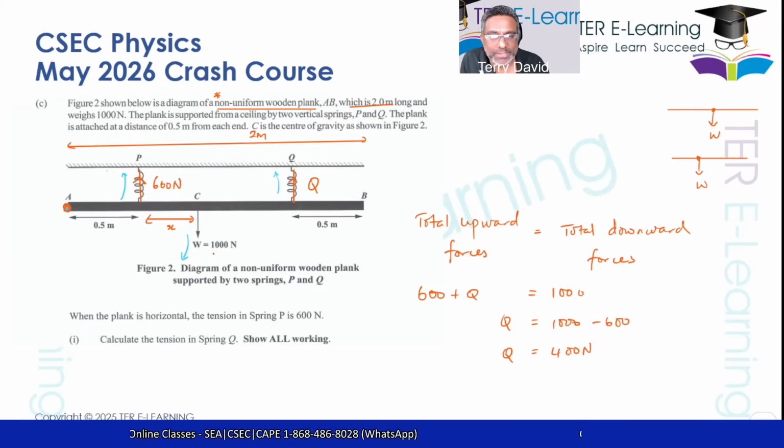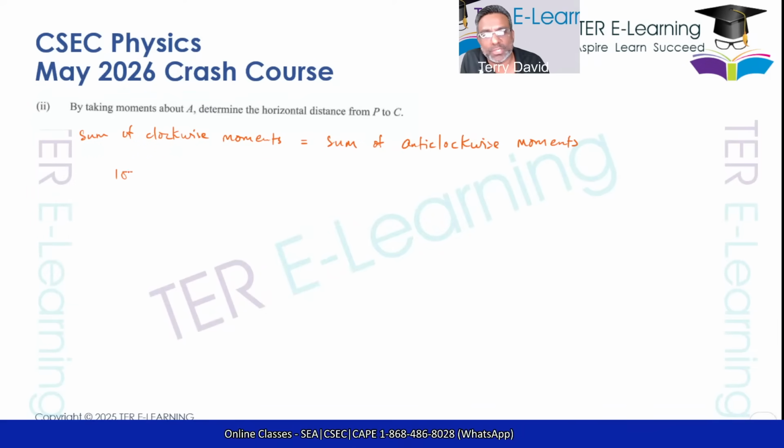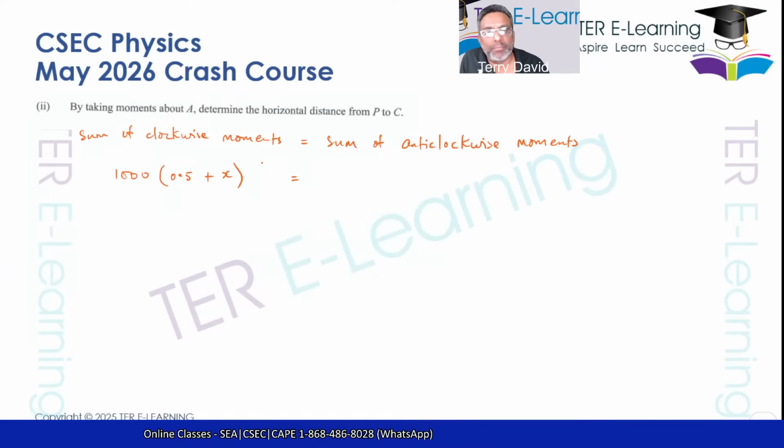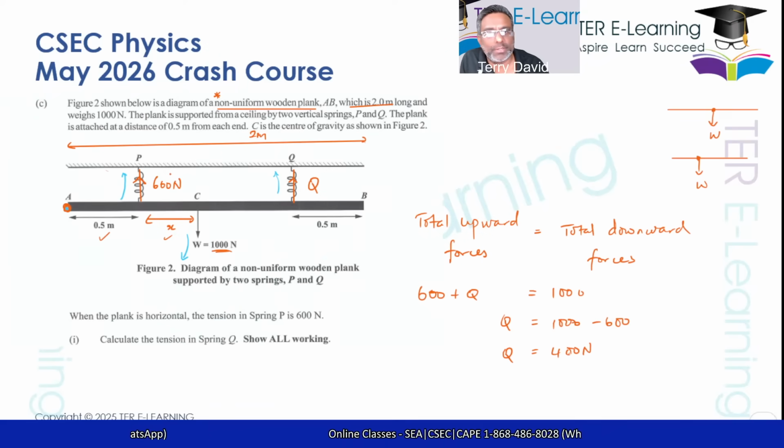That is going to be 1,000, this force here, by the distance from the pivot. The distance from the pivot here is going to be 0.5 plus x. So that's 1,000 multiplied by (0.5 plus x). Make sure I'm saying that correctly. Yeah, 0.5 plus x. We need to look at all the other forces now. In the case of P, it is an anti-clockwise moment. So that's 600 multiplied by 0.5, and the distance from the pivot is 0.5.